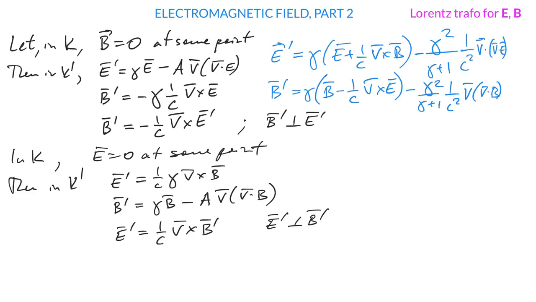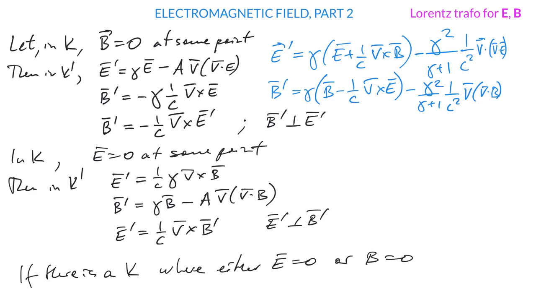So it turns out that if there is a reference frame K where either E equals 0 or B equals 0, then in any K prime we have E prime and B prime orthogonal to each other.